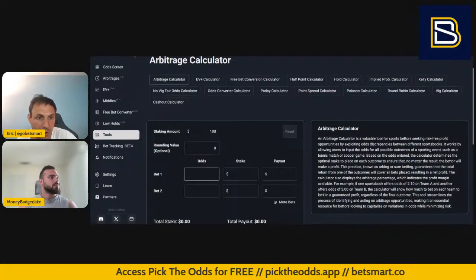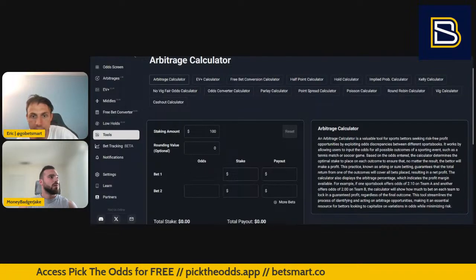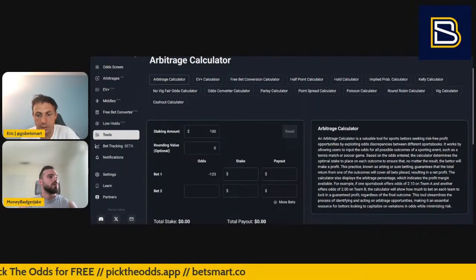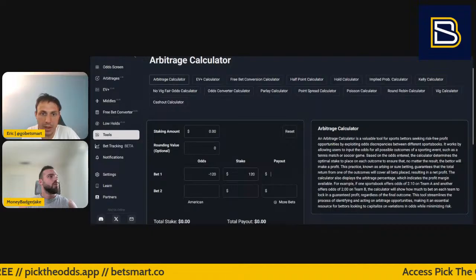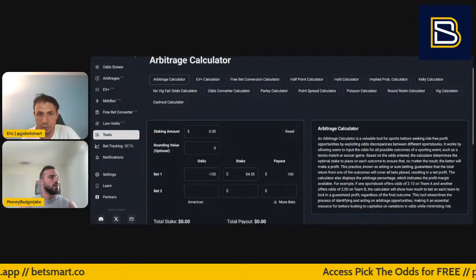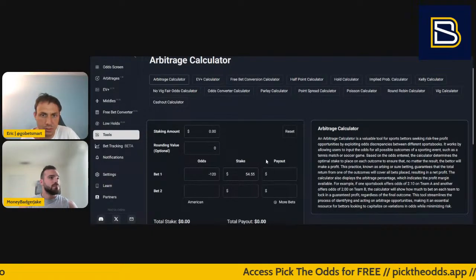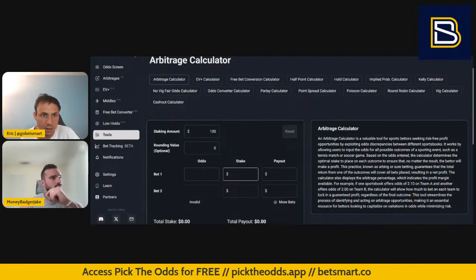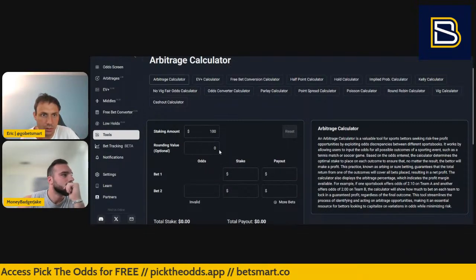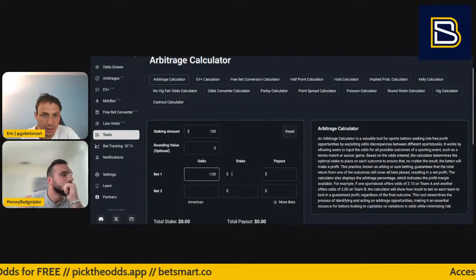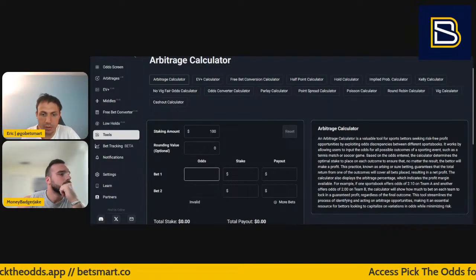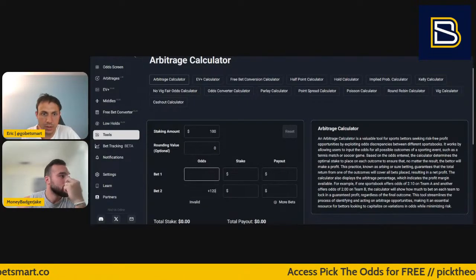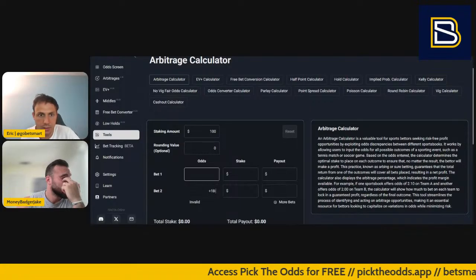So stake amount, I'll keep it at 100. Bet one odds minus 120. Stake 120. Bet two, I have a stake amount there. Minus 120, plus 180. Can't type.